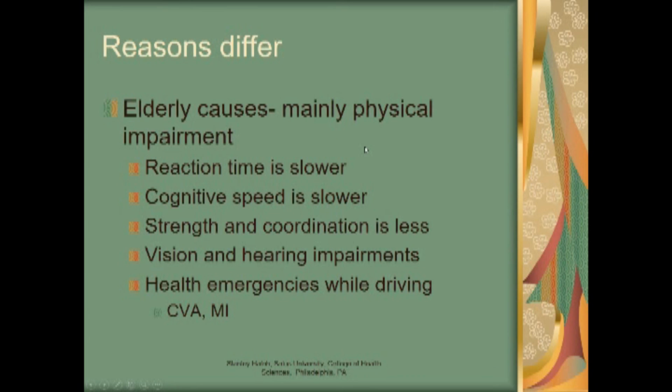Whereas in the elderly, I suspect the main causes are physical impairments. It is well established that our reaction times are slower, and our cognitive speed is slower, and our strength and coordination is less. Add in some vision and hearing impairments, and even actual health emergencies, such as having a heart attack or a stroke in the act of driving.